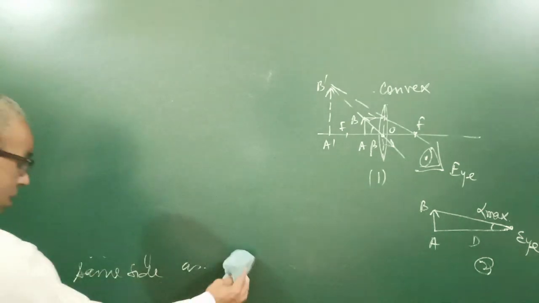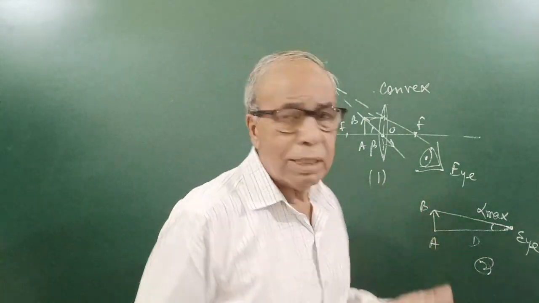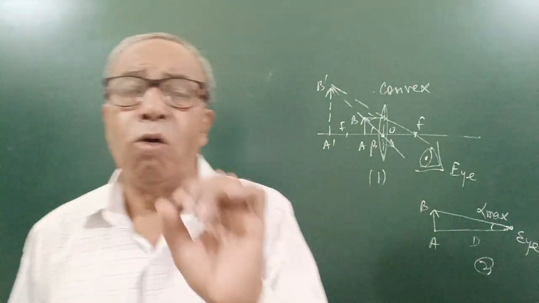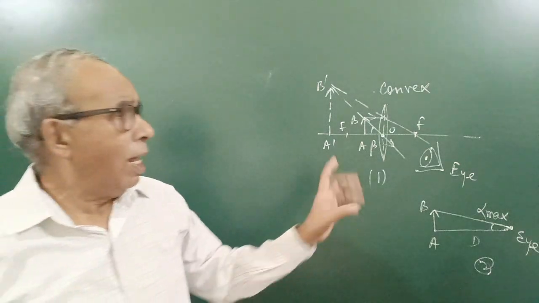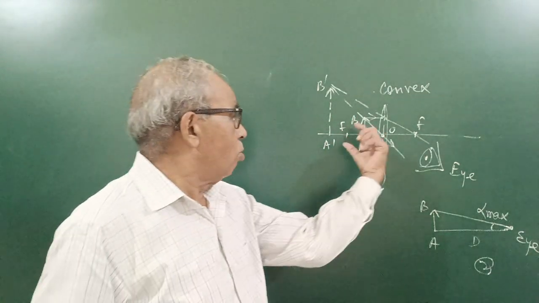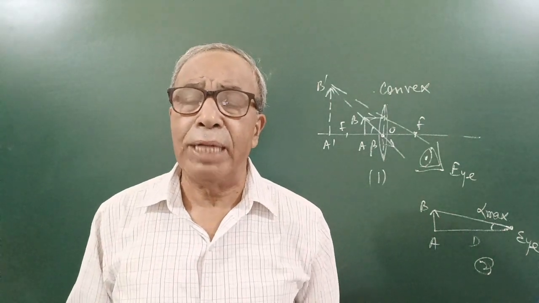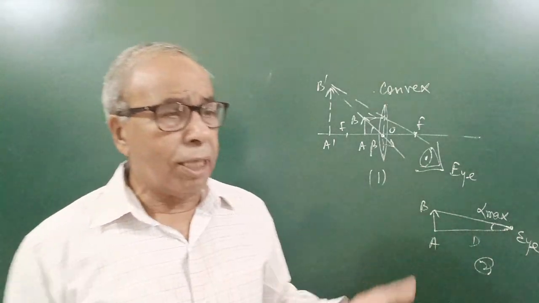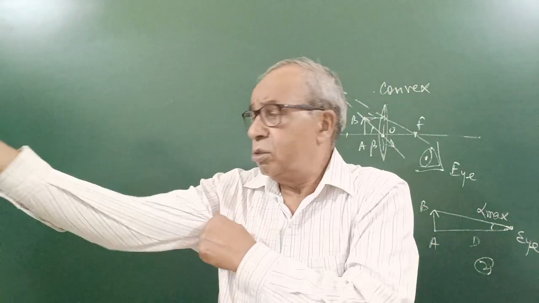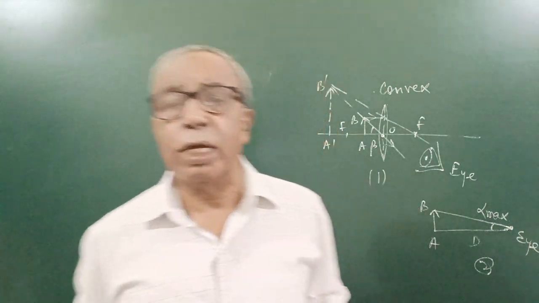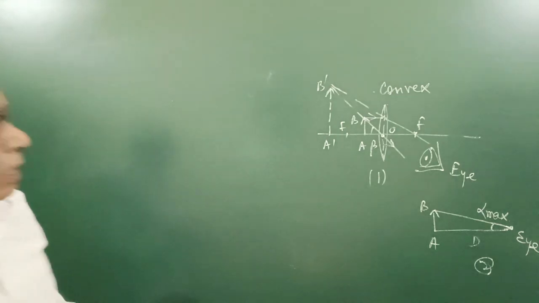Now you might be thinking, this object AB is visible to the eye itself, what is the need of this? It is a magnified view of the diagram. Actually, the lens is small and this object AB is so small that we cannot see it clearly with the eye. I told you in the last video, the greater the visual angle, the more the apparent size.